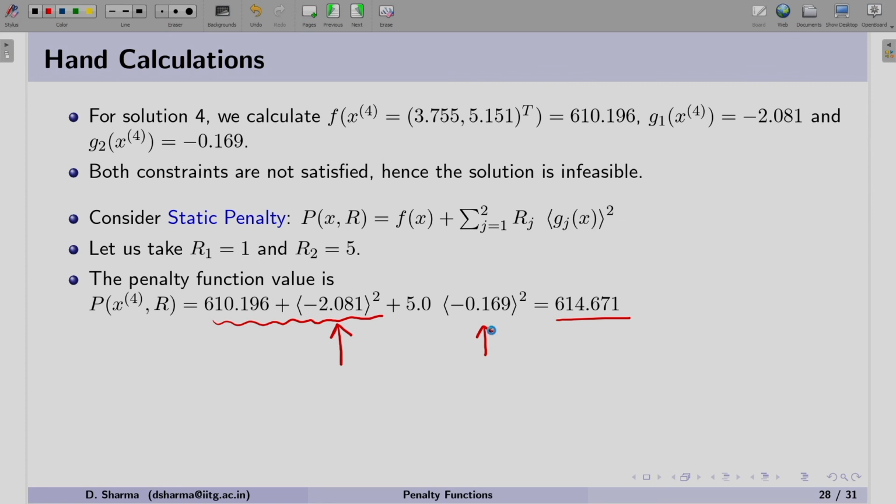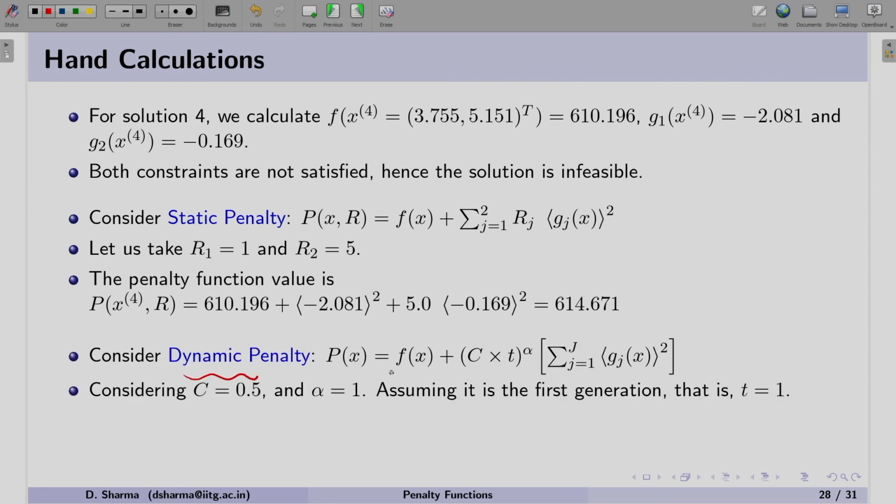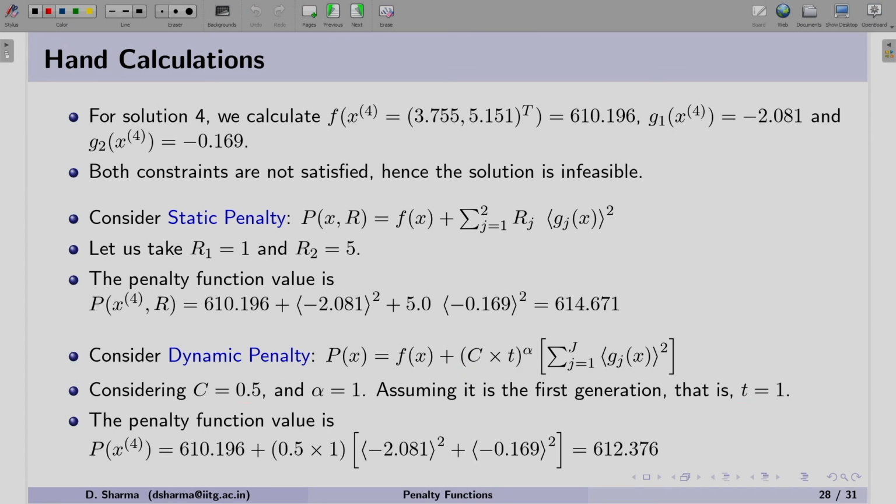Looking at the dynamic penalty using the formula given here, taking C as 0.5, alpha as 0.1 and T equal to 1. If we put these values together, as you can see here, we have the objective function, 0.5 into 1, the first constraint, and the second constraint. Since both of them are not satisfied, their contribution will be added as a penalty, and we get the penalized function as 612.376.